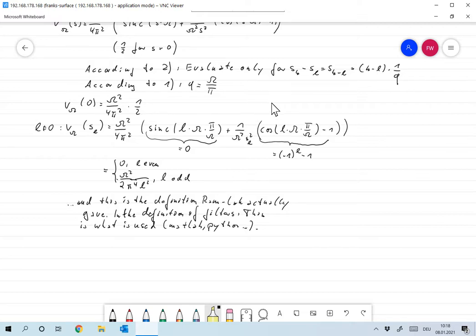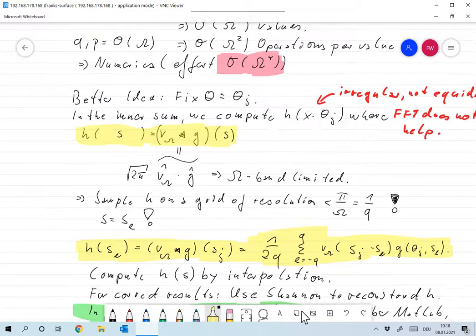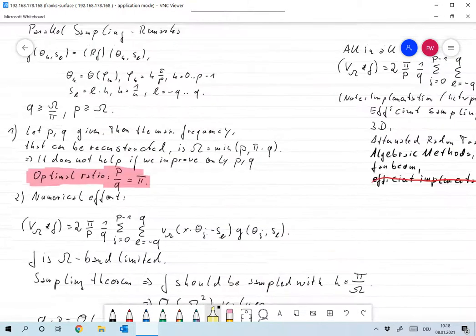So first of all, that means that when we evaluate the inner sum over here, this one here is actually 0 for L even and L not equal to 0.